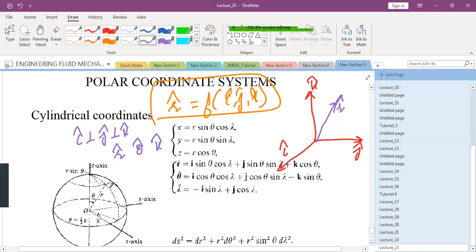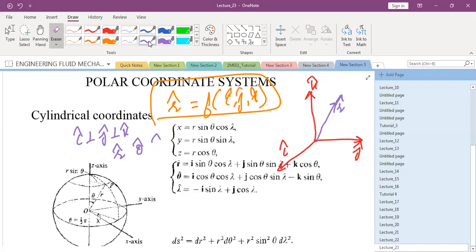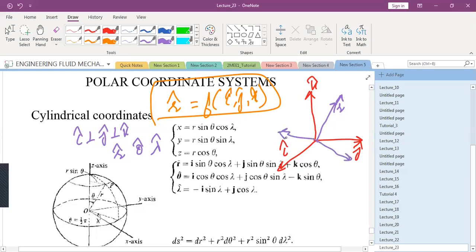All of them should be perpendicular to each other. So where should I write down theta cap? It should be such that they are all in perpendicular directions.